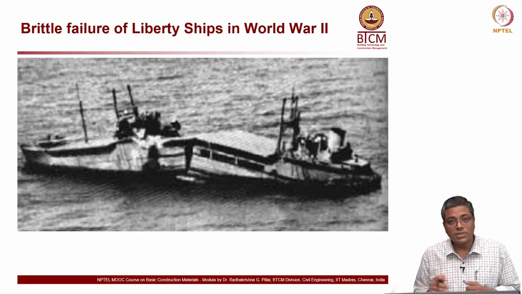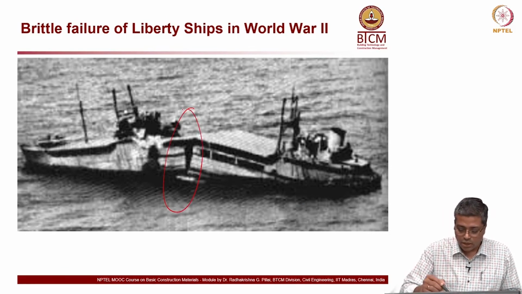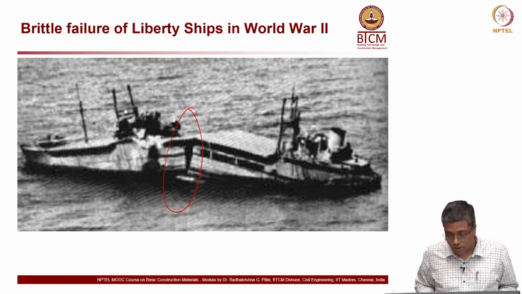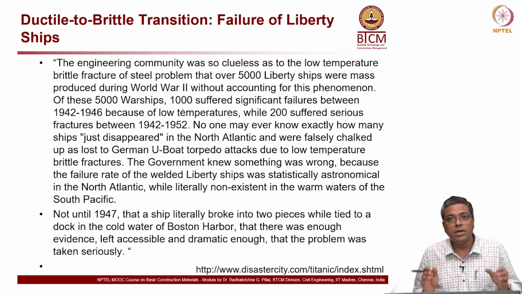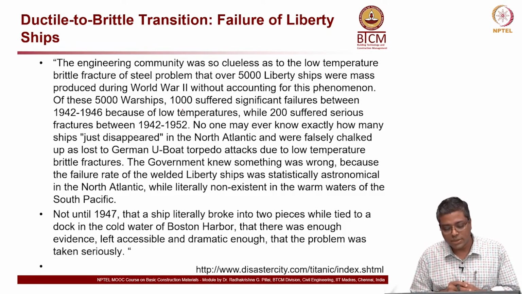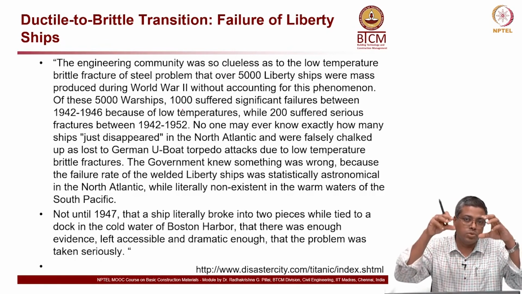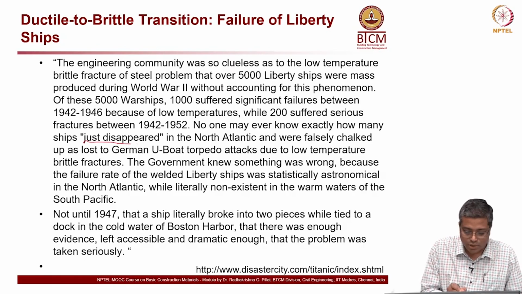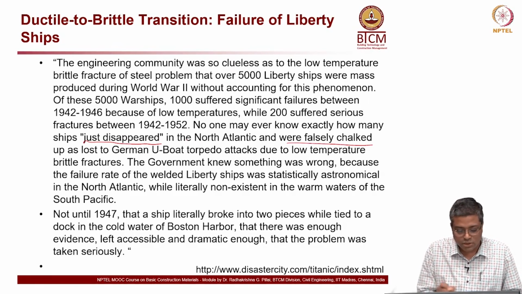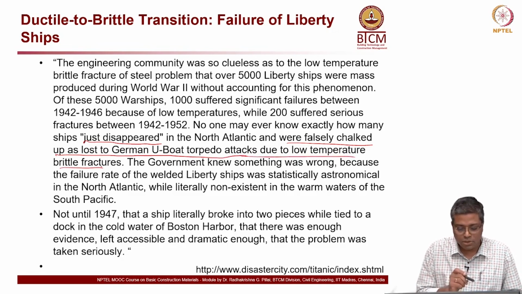Now, another example of such failure is the failure of Liberty ships in World War II. Here also you can see the ship broken into two at the center, and this is also associated with the ductile to brittle transition of the material which was used. It led to the breaking of the ship into two and then sinking, and people thought that it was lost or just disappeared in the North Atlantic and falsely chalked it up as lost to German U-boat torpedo attacks, when it was due to low temperature brittle fractures.